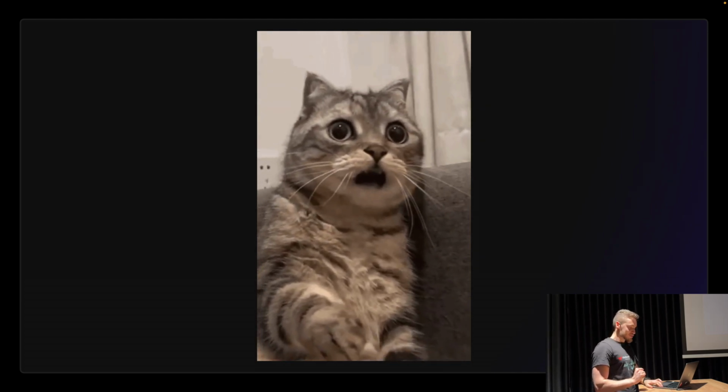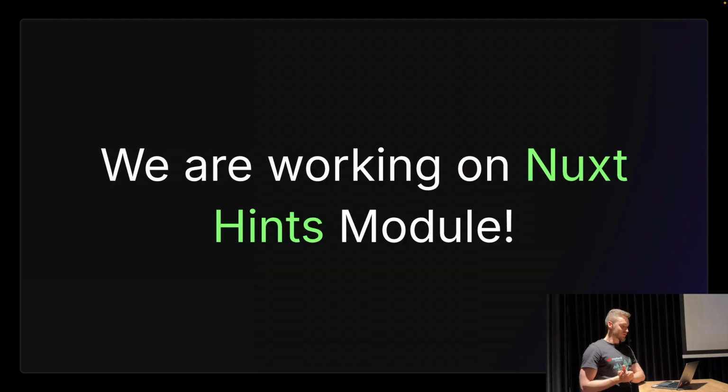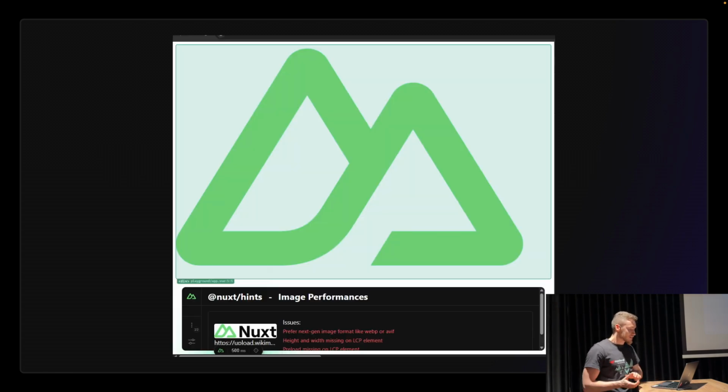And what is more, we are also working on something called Nuxt Hints, which is, interestingly, another Nuxt module. So what is Nuxt Hints? Nuxt Hints is an addition to Nuxt DevTools. Nuxt DevTools is a really nice project created by Anthony Fu, who has a lot of free time.